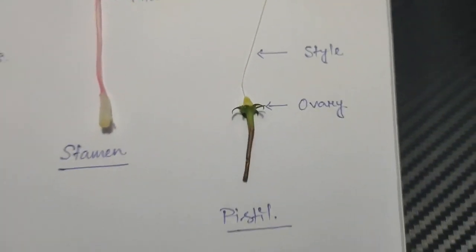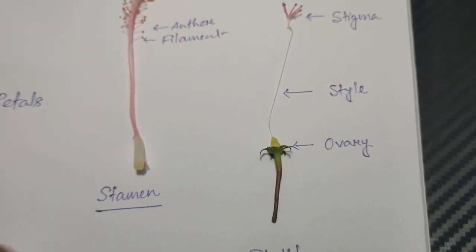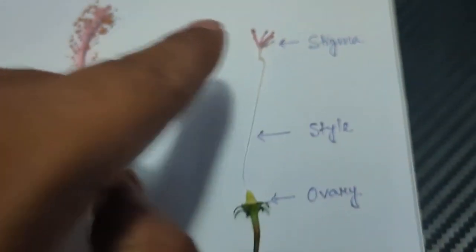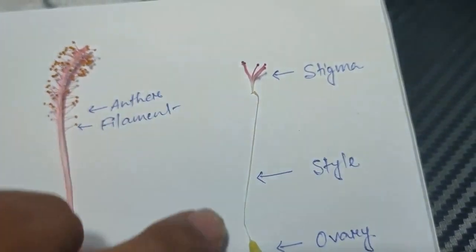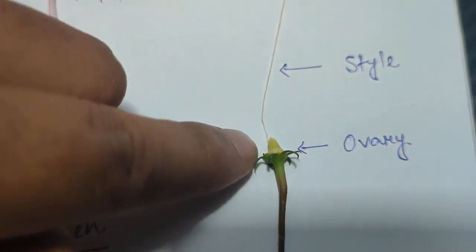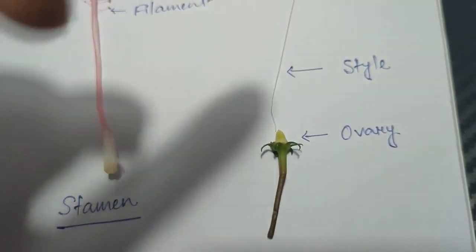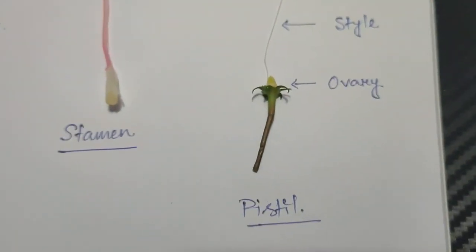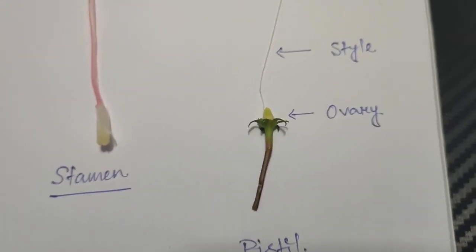Then we have another one, this is the pistil. Pistil basically contains three parts. It has ovary, style, and stigma. Stigma is this part, this long tube is known as style, and below that we have a swollen structure. You can see this yellow colored one, this is our ovary. Together these are known as pistil, and it is the female reproductive part.